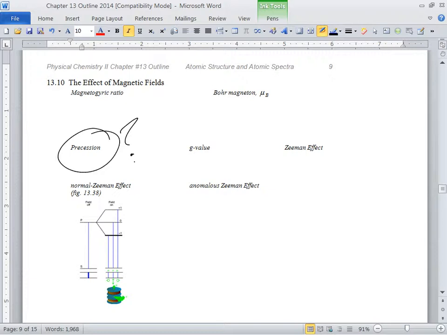You can have precession of a bicycle wheel, right? You spin the bicycle wheel and I hold it up on the axis on a string, right? You remember me doing that? It didn't stay right here. It rotated around like this, right? So that's precession. Gyroscopes, everything do it. Nature just does it.